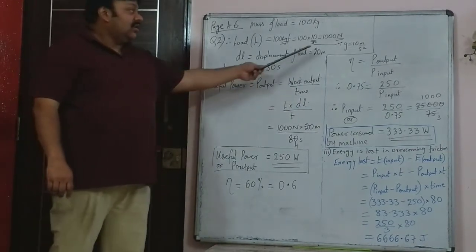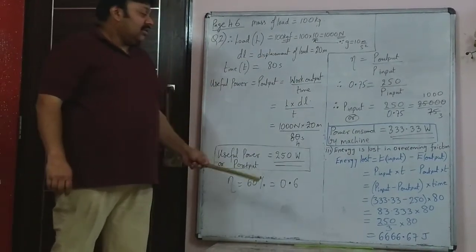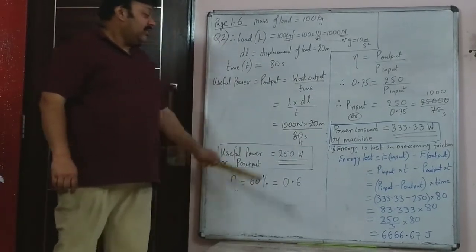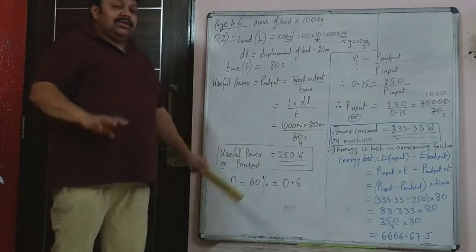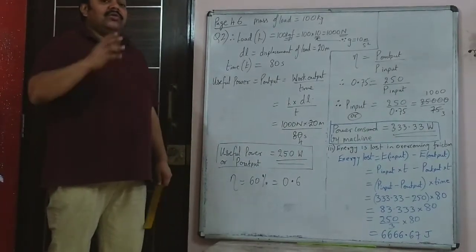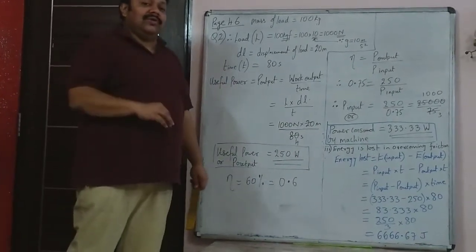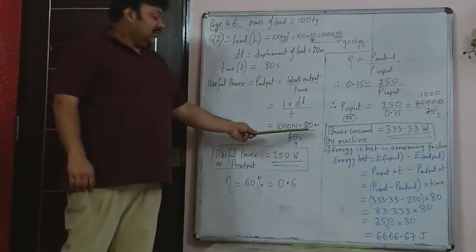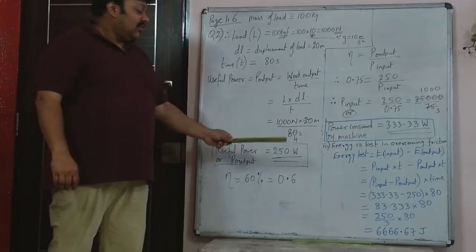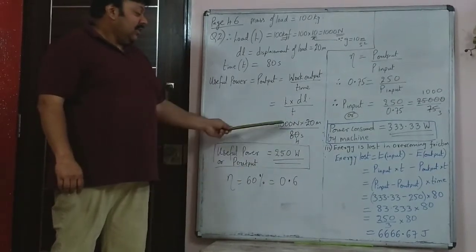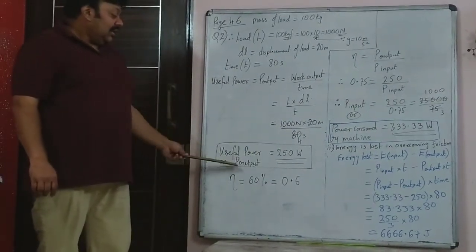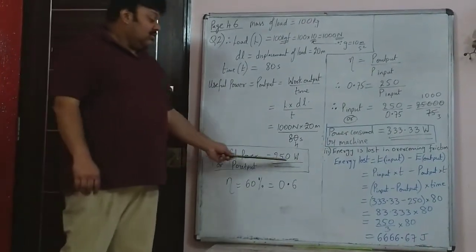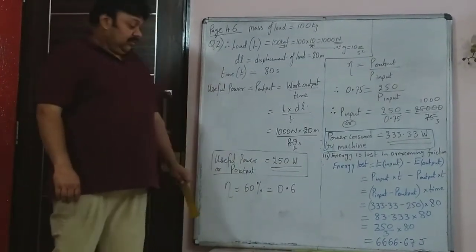Here the force is the load, that is 1000 Newton, and the displacement of the load is given, it is 20 meter, and the time for which the machine is on, time for input and output will always be the same, that is 80 seconds. So when you cancel, 20 goes 4 times into 80, you will get the useful power or output power as 250 watt.